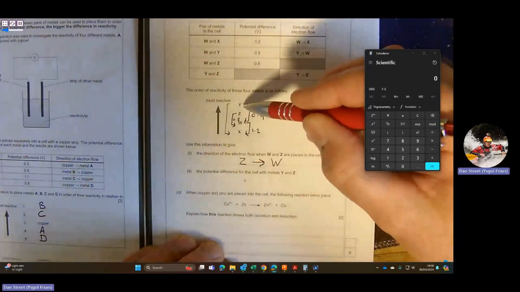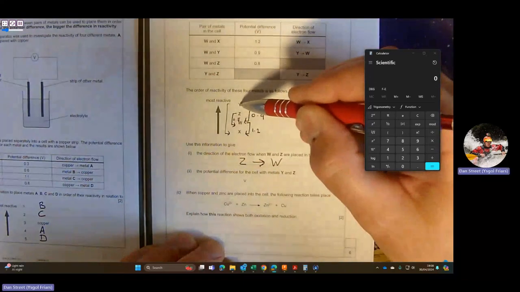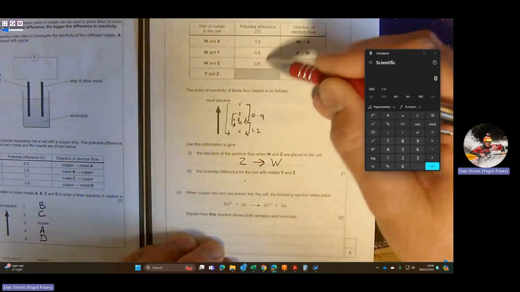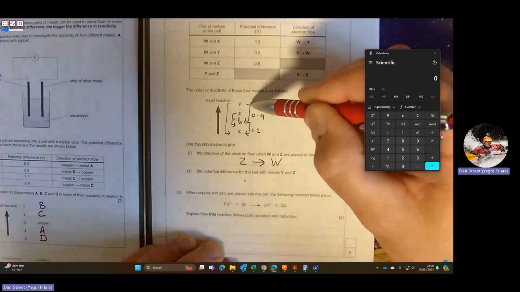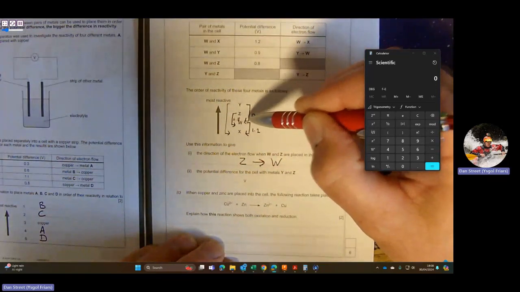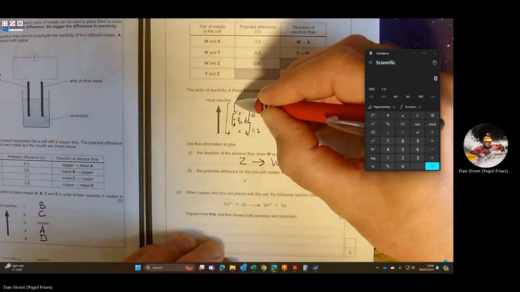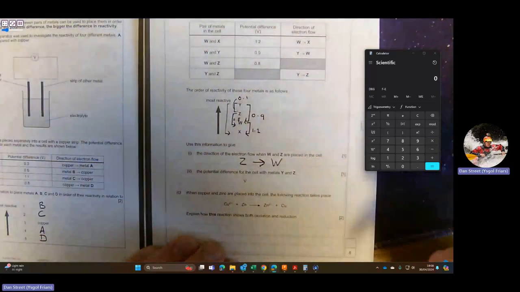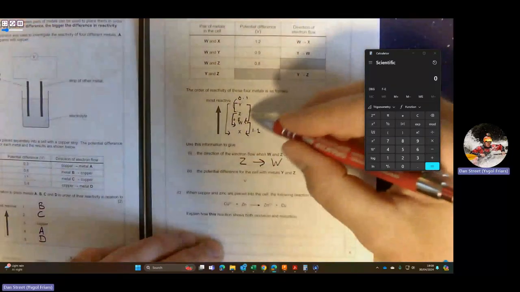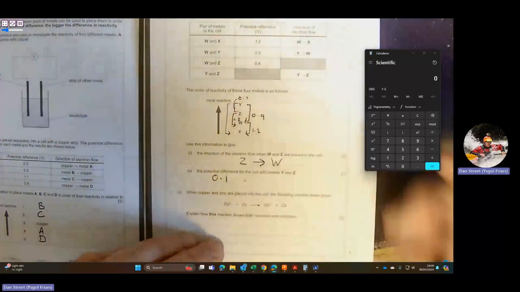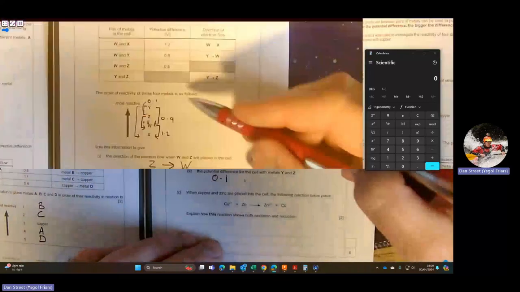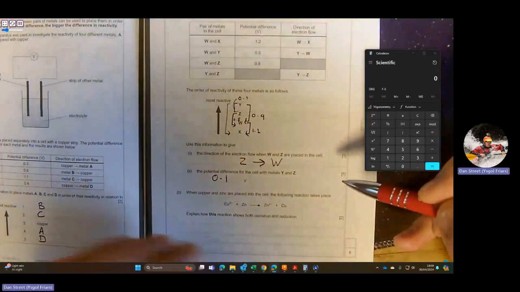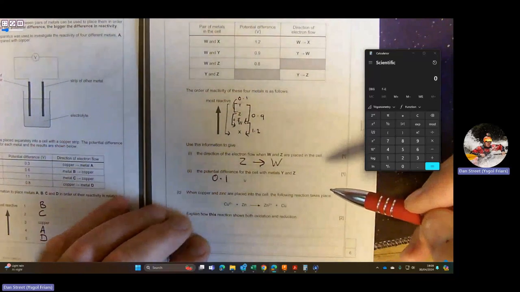If we know that the potential difference between Z and W is 0.8, because it tells us in the question, and we know the potential difference overall is 0.9, then the difference there must be 0.1, because the total potential difference will add up to 0.9. So that's going to be 0.1 volts. Again, a little bit of a puzzle to unpick, but the information is there for you in the table if you just take a few seconds to unpick it.